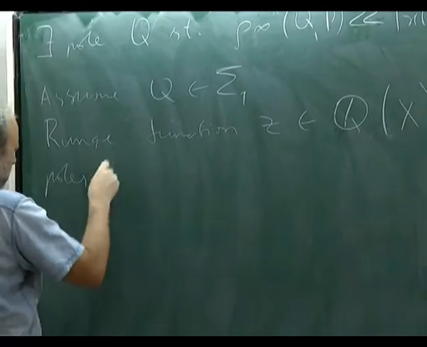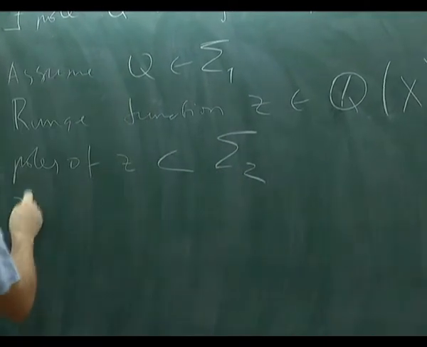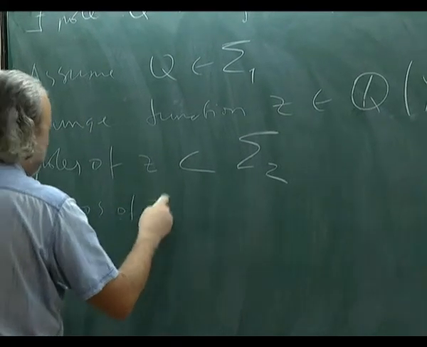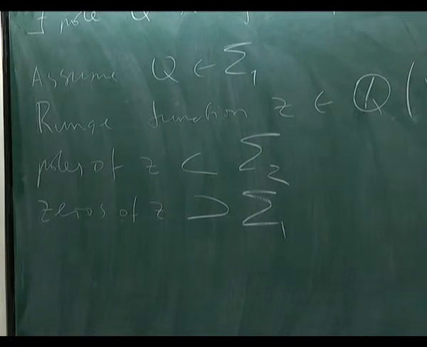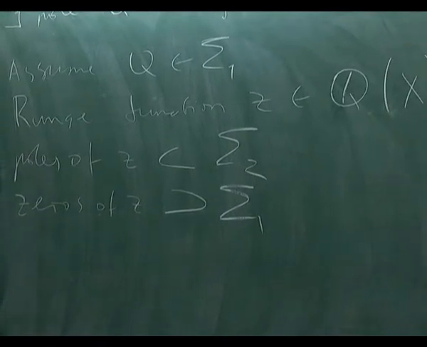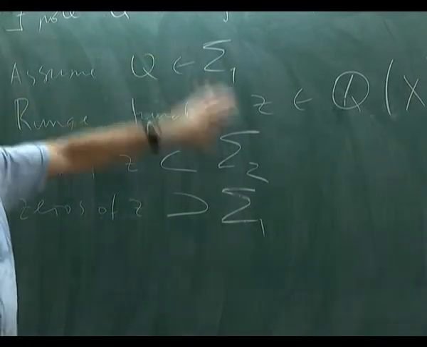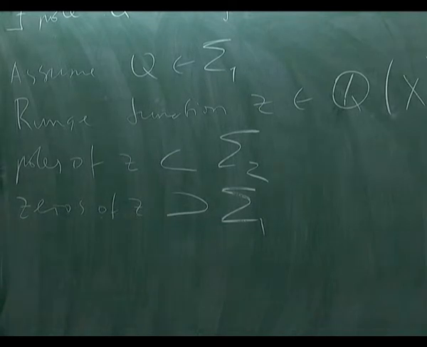Poles of Z are in sigma 2, and zeros of Z contain sigma 1. Well, and if it belongs to sigma 2, we just take another Runge function. So in this case, we need two functions to use. Of course, such a function can be easily constructed using the Riemann-Roch theorem.